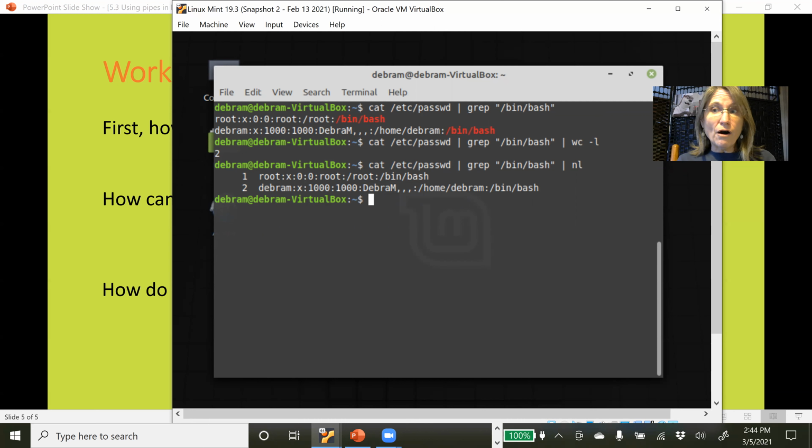So I hope that looking at these examples and discussing what the pipe can do for you will help you going forward. You see that it's just the output of the command on the left becomes the input to the command to its immediate right.